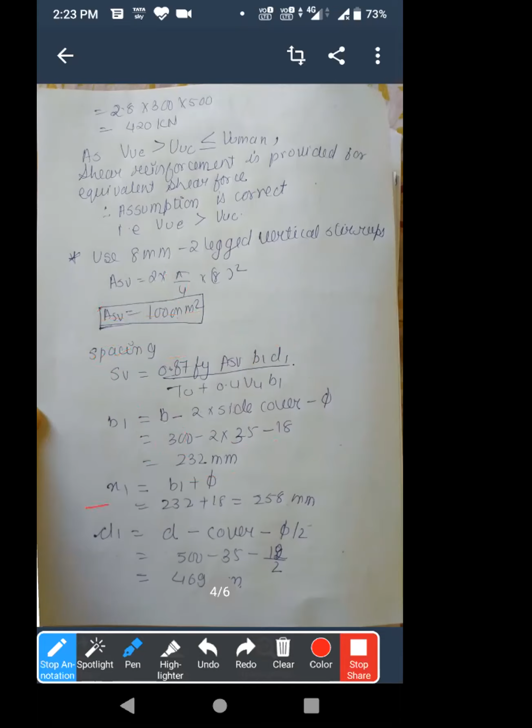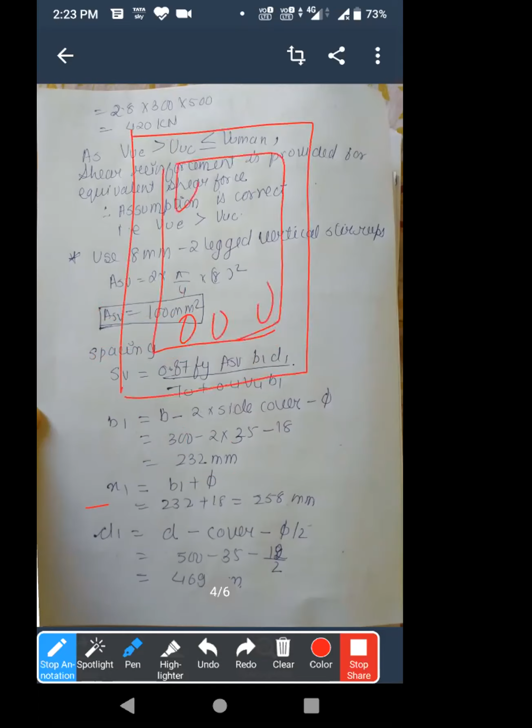Now X1. X1 is nothing but B1 plus B2. See here in the diagram, here is your bar.